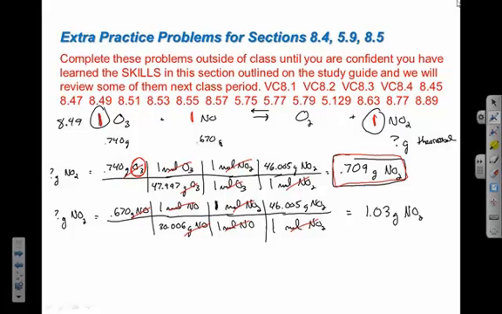So what really is the maximum amount of NO2 I could make? Right, it's the smaller one. I've got enough of the NO reactant to make 1.03 grams, but I only have enough of the ozone reactant to make 0.709 grams. That means when I make 0.709 grams, I run out of ozone, so I can't make any more product than 0.709 grams.